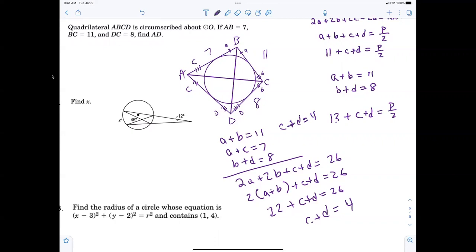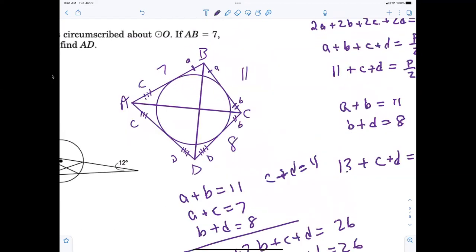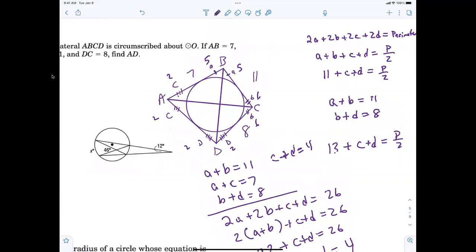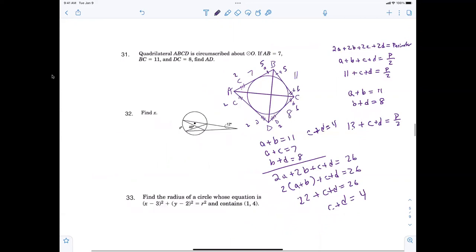C plus D has to equal 4. Come on, there should be some math.